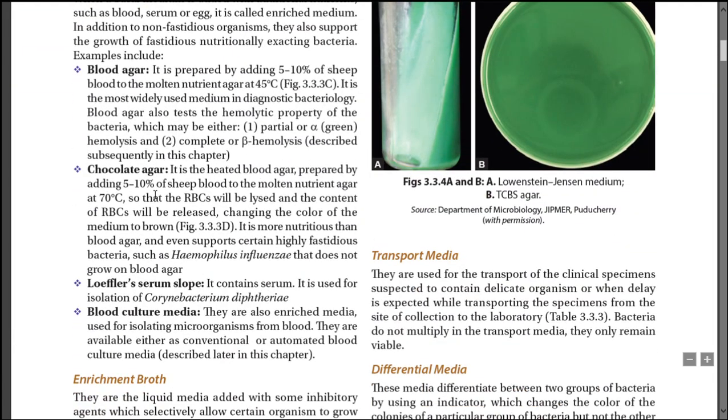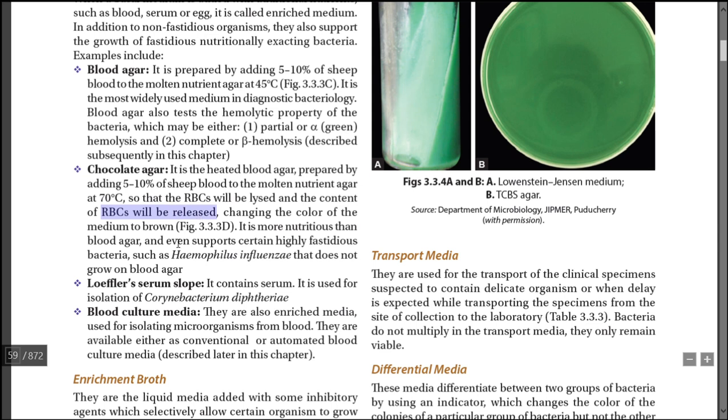Chocolate agar is a heated blood agar. Very important: it is prepared by adding 5 to 10% of sheep blood to molten nutrient agar at 70 degrees Celsius. Only the temperature is different compared to blood agar. So the RBCs will be lysed and the contents of RBCs will be released.